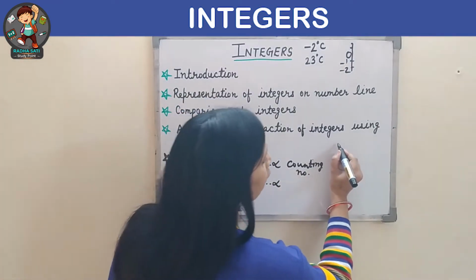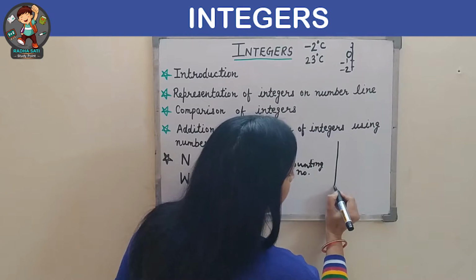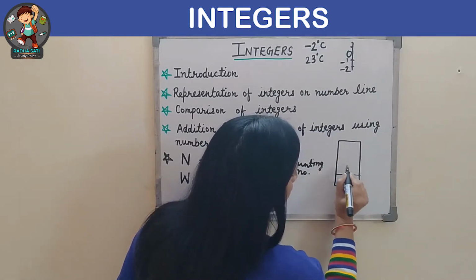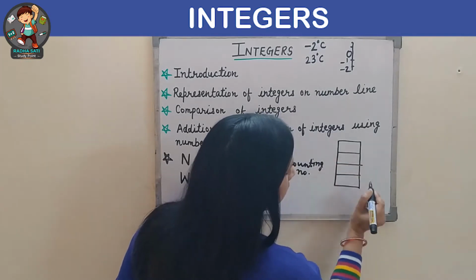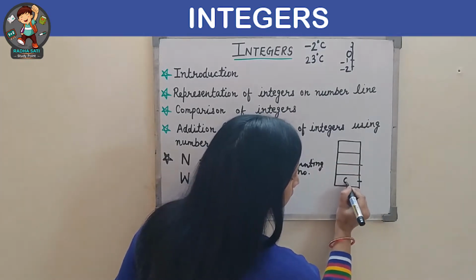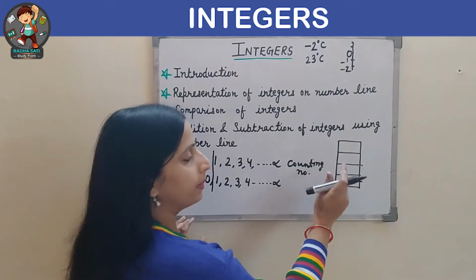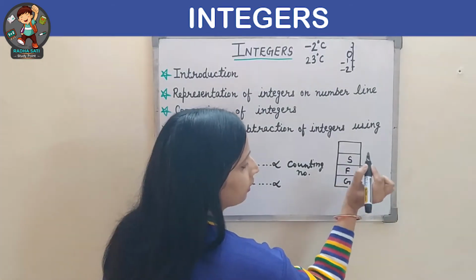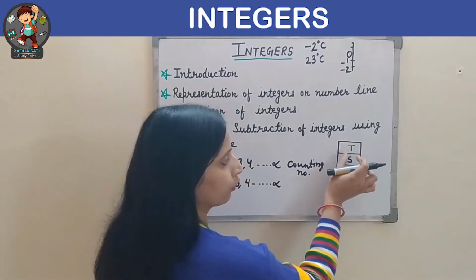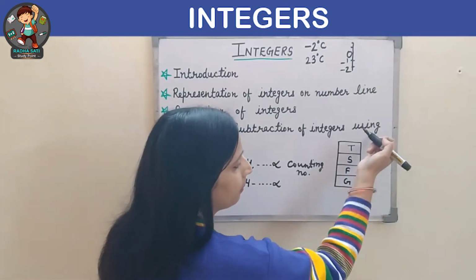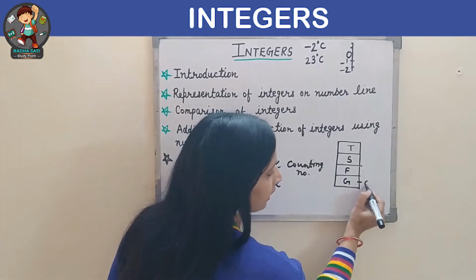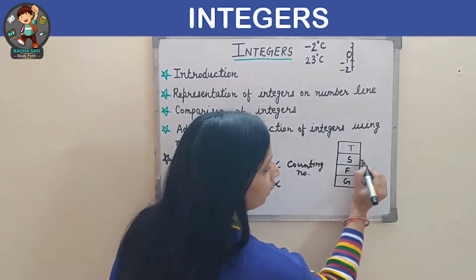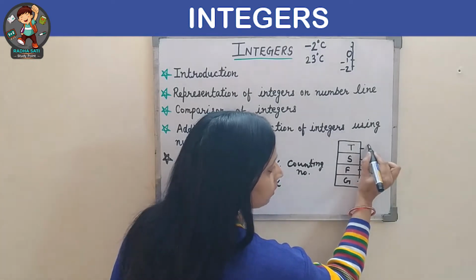Similarly, the floors of a building. For example, if this is the ground floor, then this will be the first floor, this will be our second floor and this will be the third floor. If we number them, the ground floor we can number 0, the first floor can be named 1, 2 and 3.